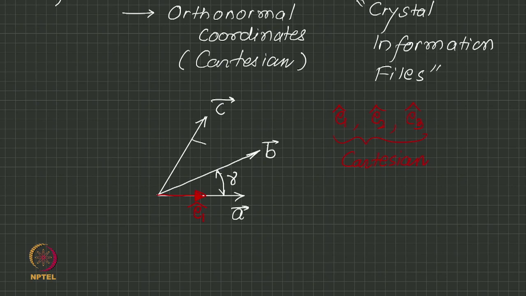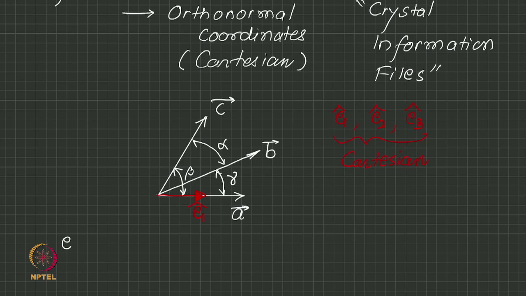The angle between B and C will be known as alpha, and the angle between A and C will be known as beta. This is again crystallographic convention. So, E2 will not be along B, but let us again, for simplicity, force E2 to lie in the AB plane.